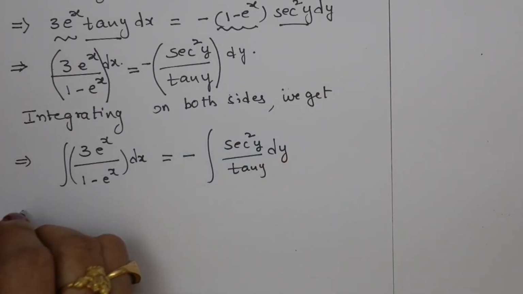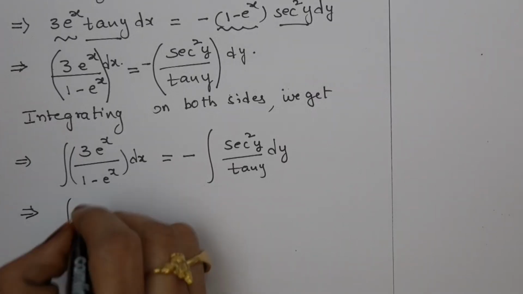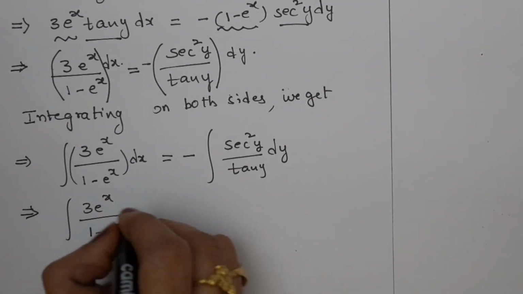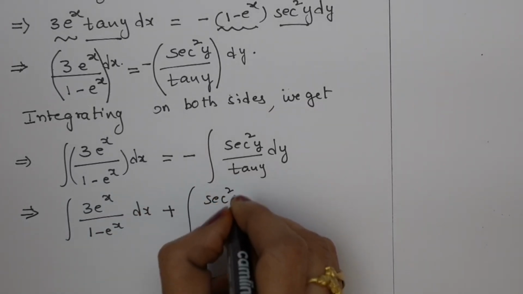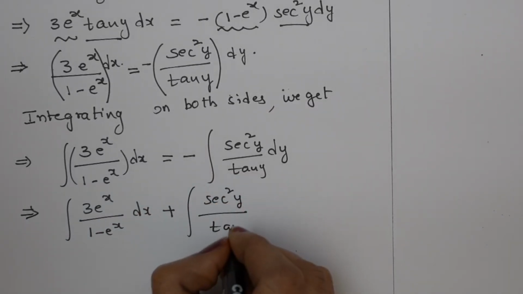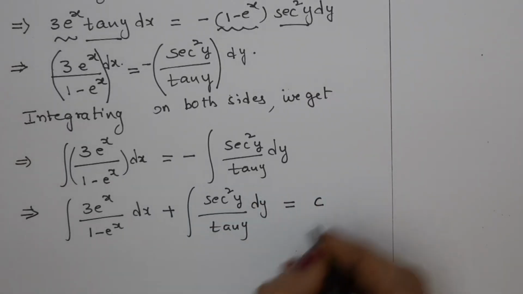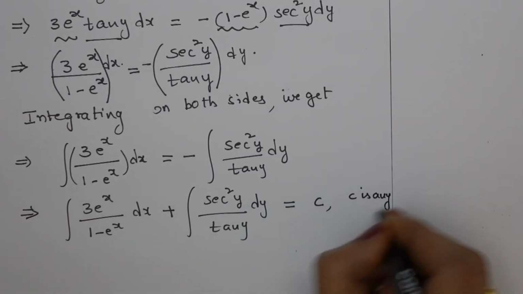This can be written as integral 3e power x by 1 minus e power x dx plus integral secant square y by tan y into dy is equal to constant C, where C is any constant.